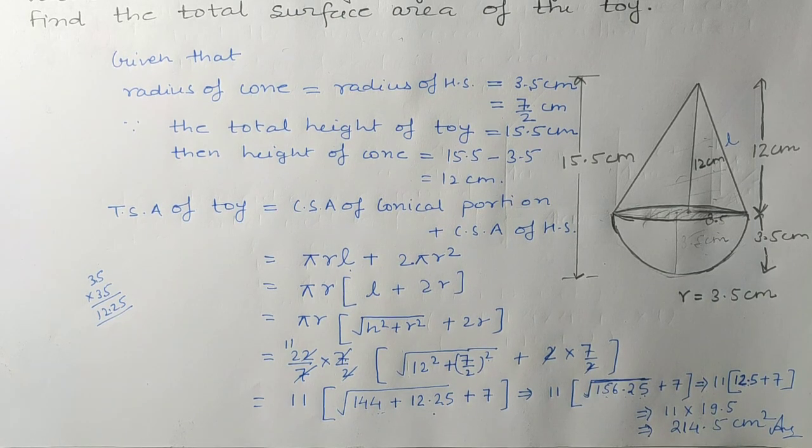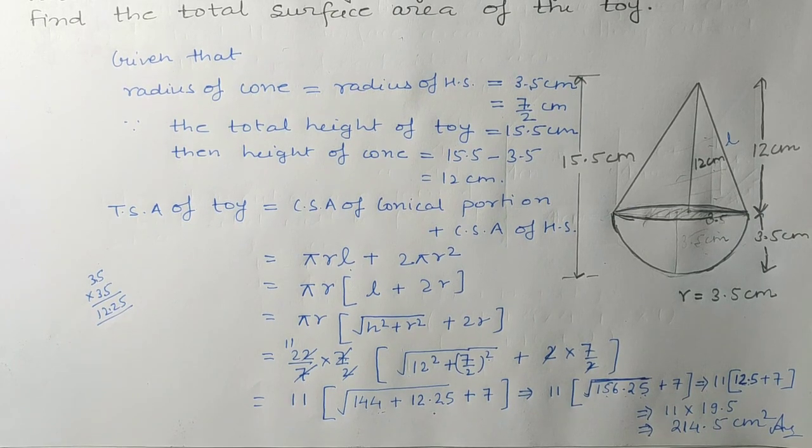Why we are adding the surface areas of the solids, and which solid is on the top and which solid is on the base. It is hidden in the language of the question, so you have to understand the language of the question also. In NCERT, the language of NCERT, if you understand it, then it will be very easy to solve the questions of NCERT.